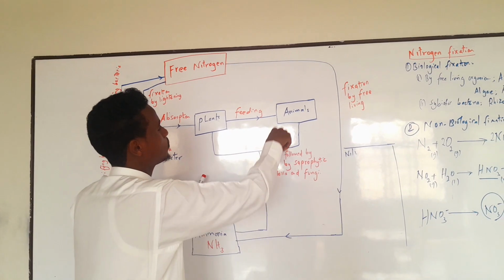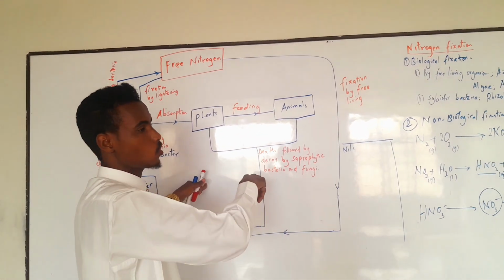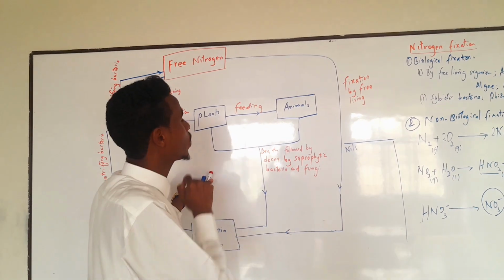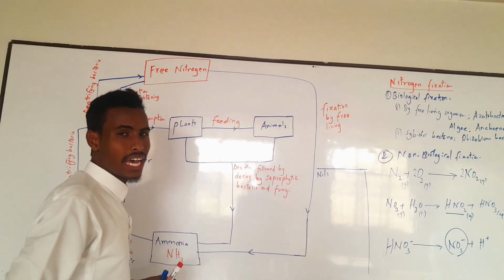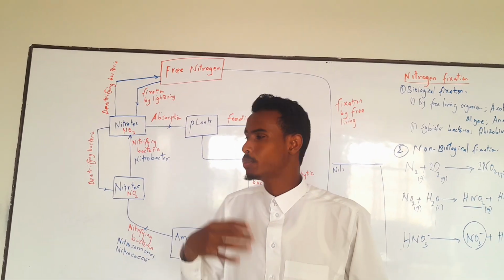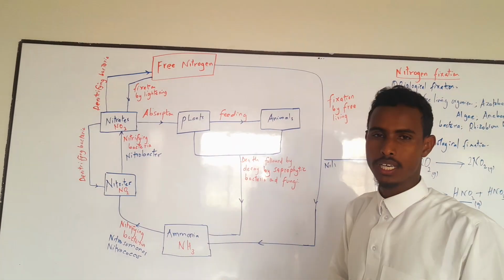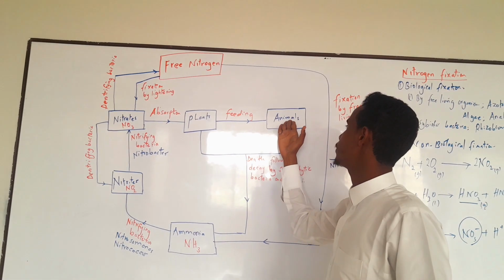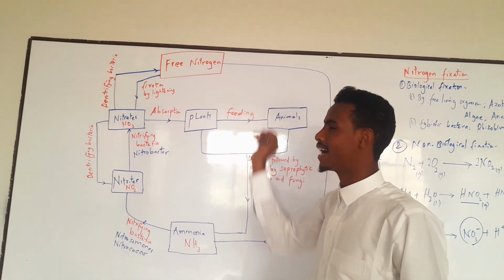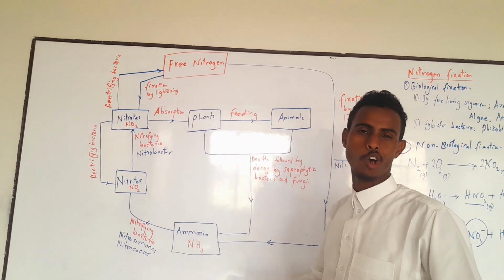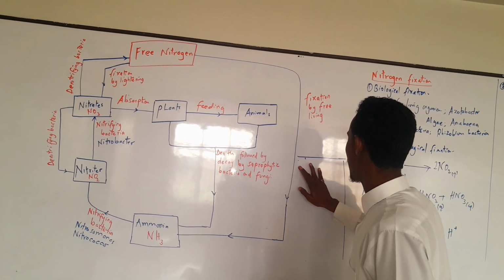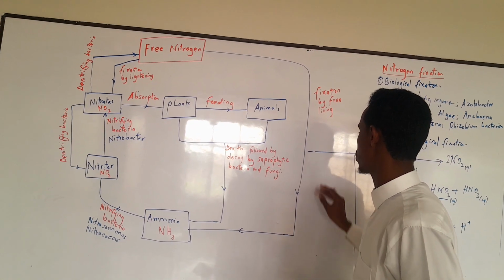Now, once these animals have eaten the plant proteins, or other animals which have eaten the plants, what happens is that when that protein undergoes the process of digestion, it will not be absorbed as those complex molecules. It will be broken down, and the protein from plants or from the other animals will be digested and absorbed in the ileum in the form of amino acids, the simpler molecules of proteins.